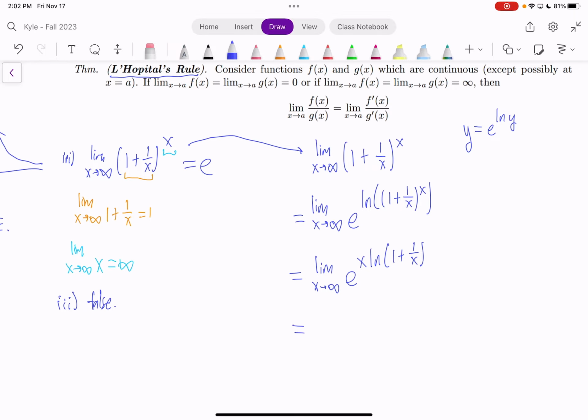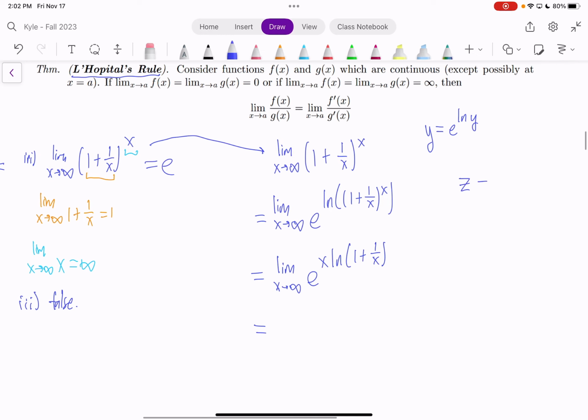When you have a number multiplied by other numbers, remember that we can bring it down into a fraction. For example, we know that for any number z, z is equal to 1 divided by 1 over z. That's true. So we can say that this is the limit as x goes to infinity of e to the ln of 1 plus 1 over x, divided by 1 over x.